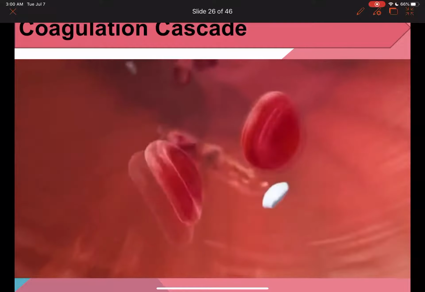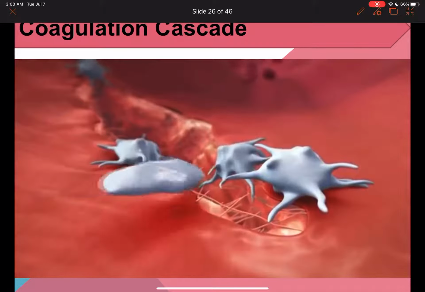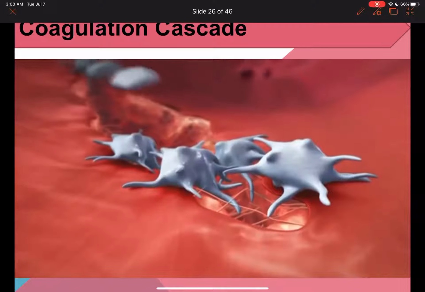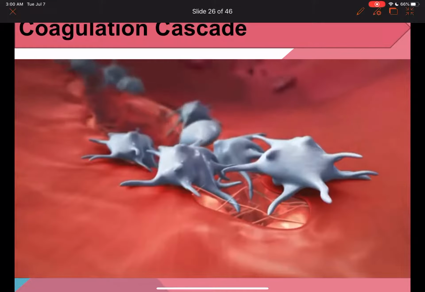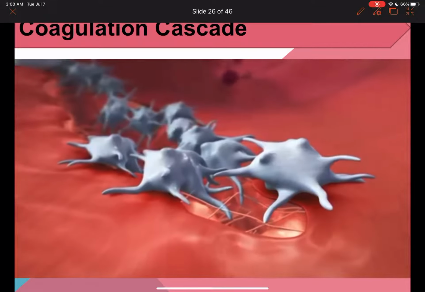At the site of vessel injury, the first platelets arrive to start sealing the wound. Simultaneously, the coagulation cascade with its various coagulation factors is activated. This involves 2 pathways, the extrinsic and the intrinsic pathway.